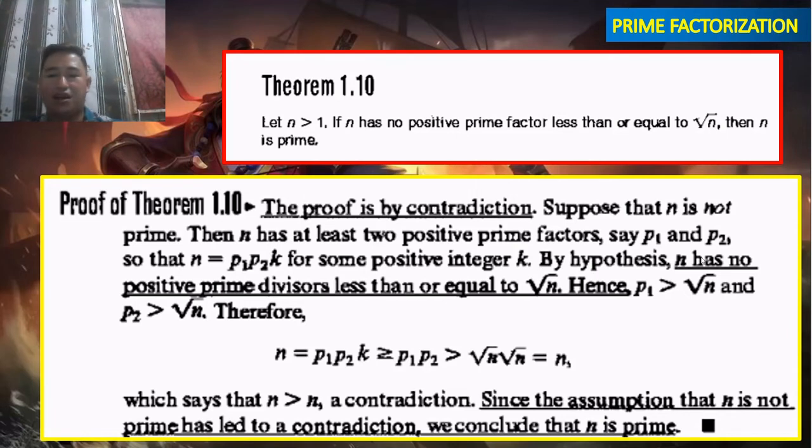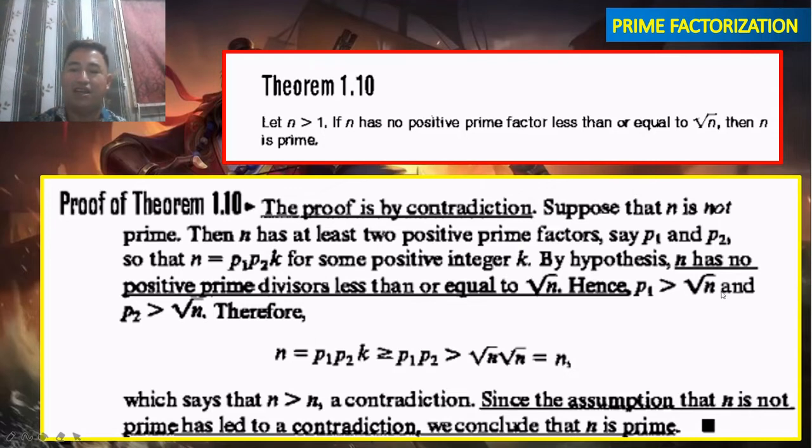Since n is not prime, it has at least two prime factors. By hypothesis, n has no positive prime divisors less than or equal to the square root of n.